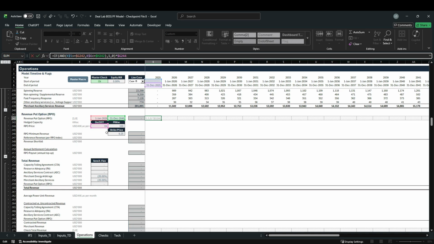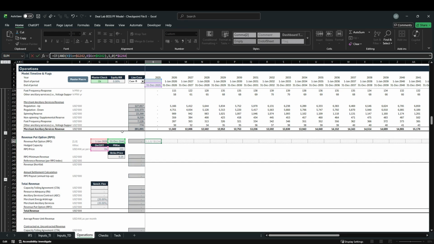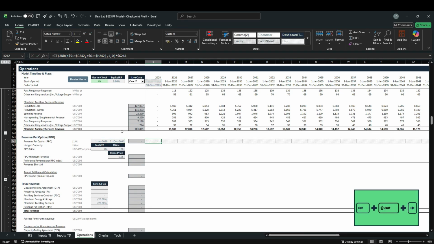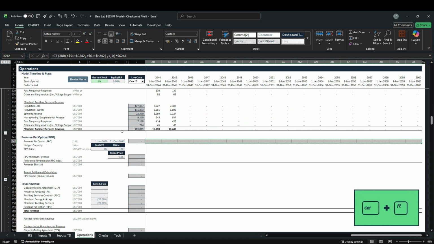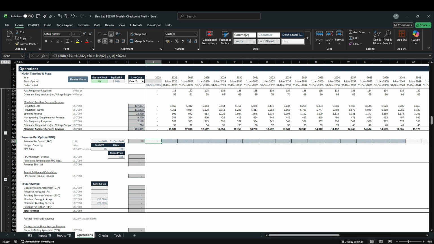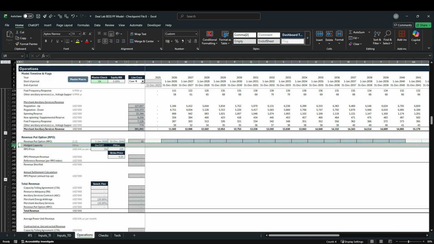So let's drag this one up here, the time references are right. Hit enter, drag this one over, Ctrl R. And unlike for our other flags, here we only have 15 years of RPO term because this will match our actual financing tenor.